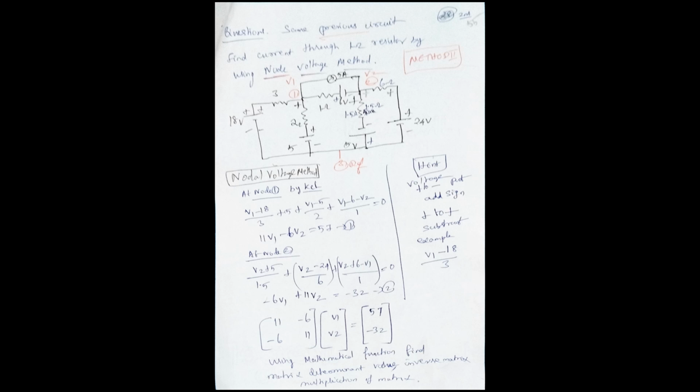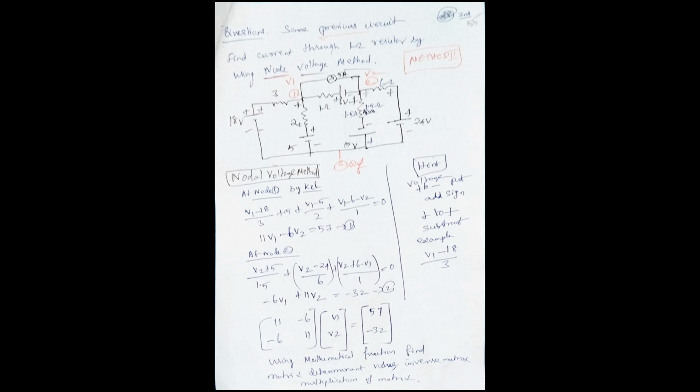Consider the 6 ohm resistance and the 24 volt source. Nodal voltage V2 minus 24, we put a minus sign for the plus second terminal voltage source. So (V2 minus 24) divided by 6, plus the nodal voltage (V2 plus 6 minus V1) divided by 1.